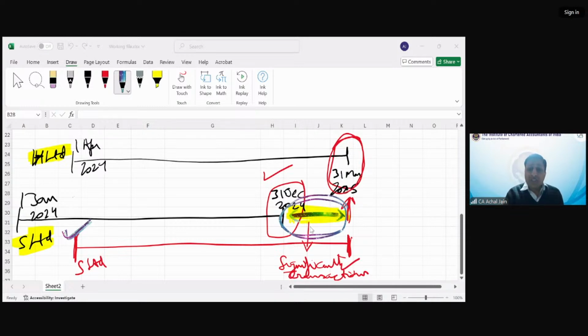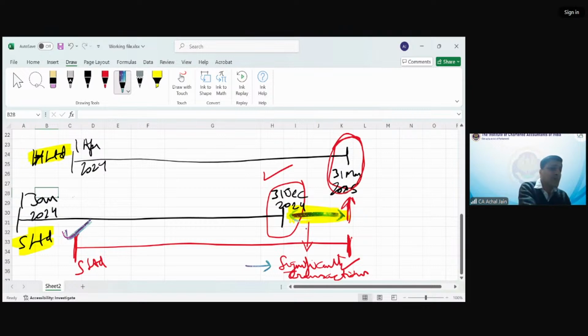But for this gap, during the period when you have not picked up the financial statements, if there are any significant transactions, you will have to consider those significant transactions in the consolidated financial statements.